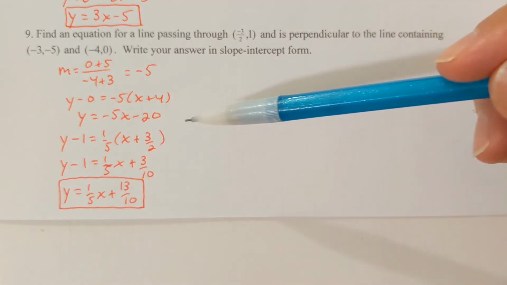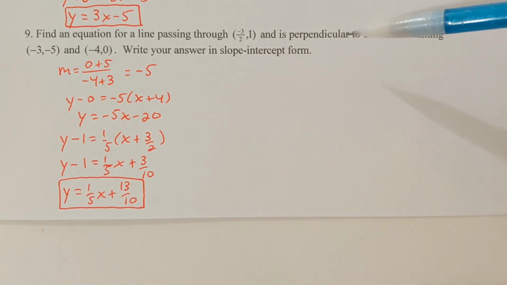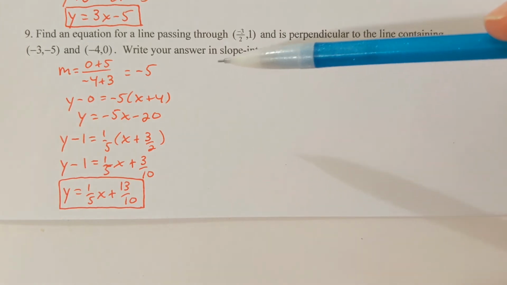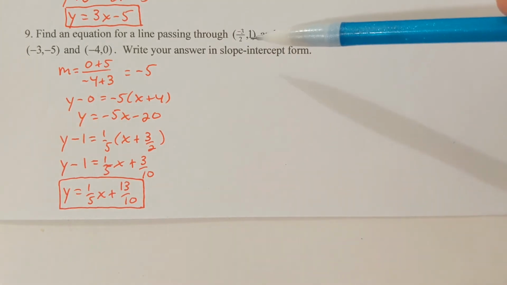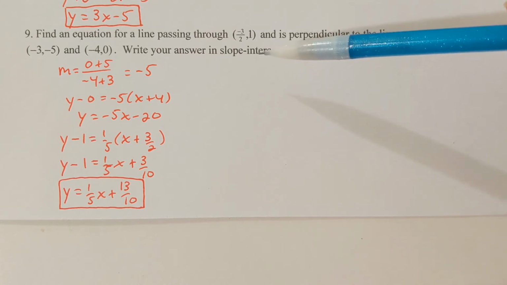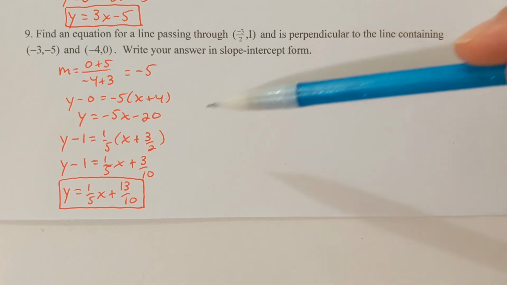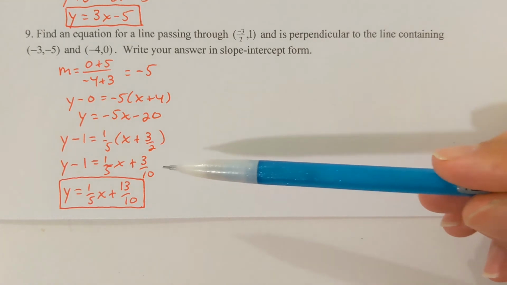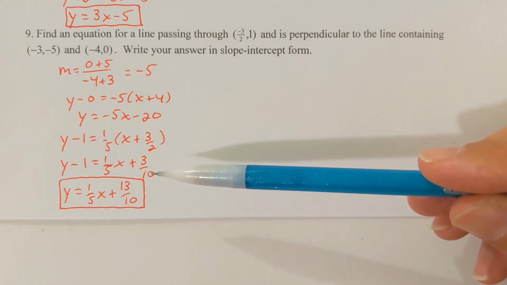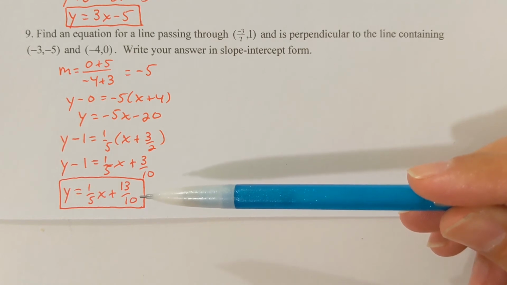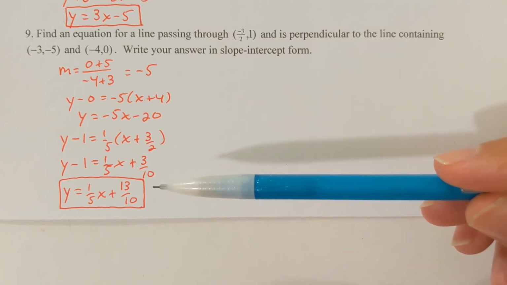But the line is going to have a slope of 1/5, since 1/5 is the negative reciprocal of -5. And I can use this point here. y - 1 is equal to 1/5 times (x + 3/2). y - 1 is equal to 1/5 x + 3/10. And if I add 1 to both sides, y is equal to 1/5 x + 13/10 would be the answer.